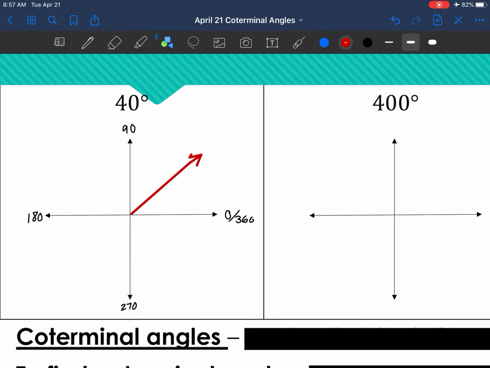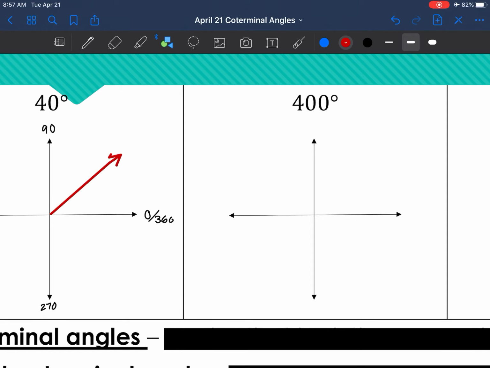Then if I draw a 400-degree angle, again, let me write in the angle measures. So this is 0, 90, 180, 270, 360. So a 400-degree angle is farther than one full rotation.